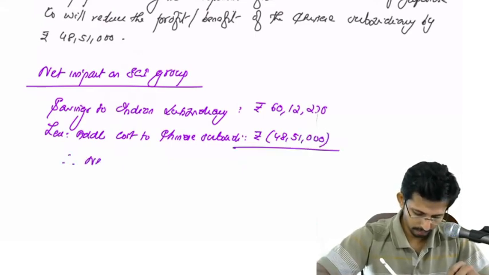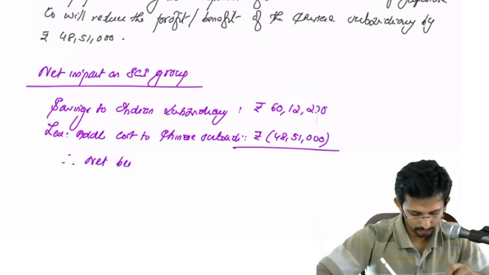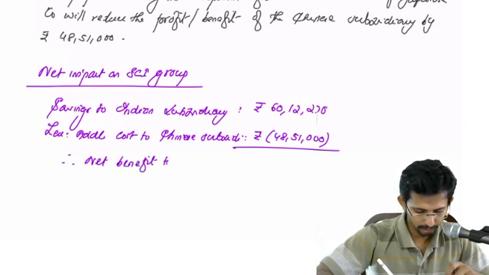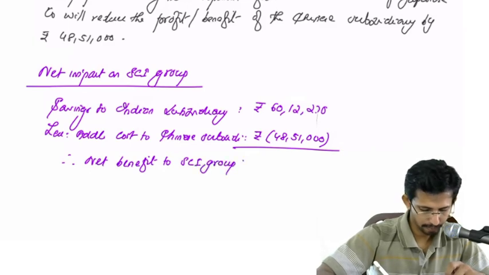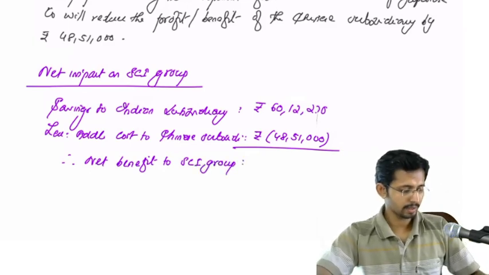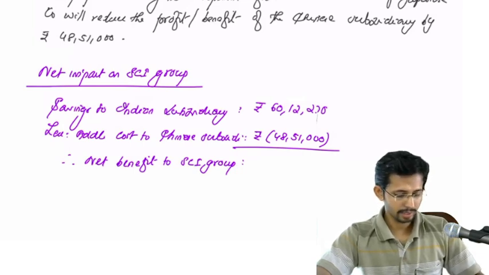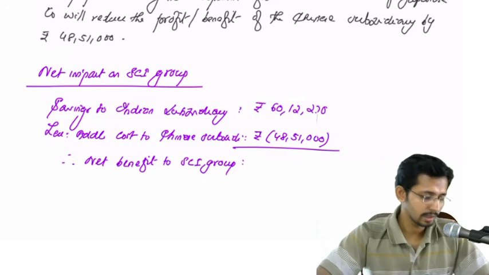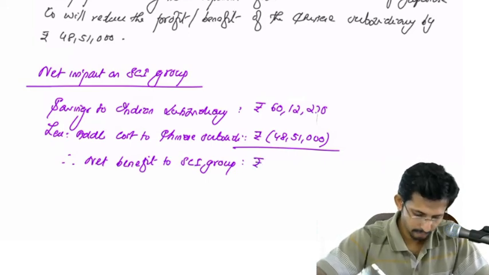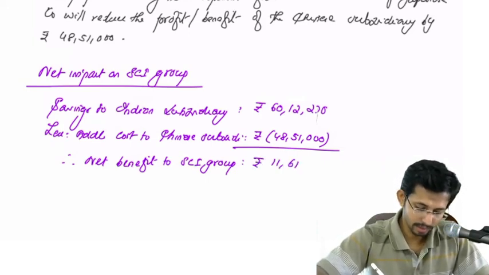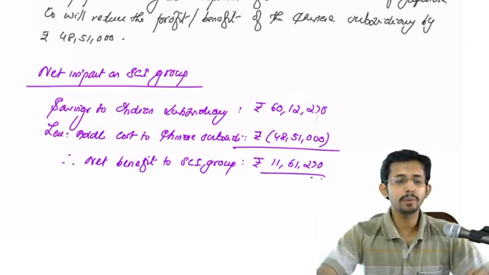Therefore net benefit to SCI group: 60,12,270 minus 48,51,000. It will be 11,61,270 net benefit. So what could be your conclusion?